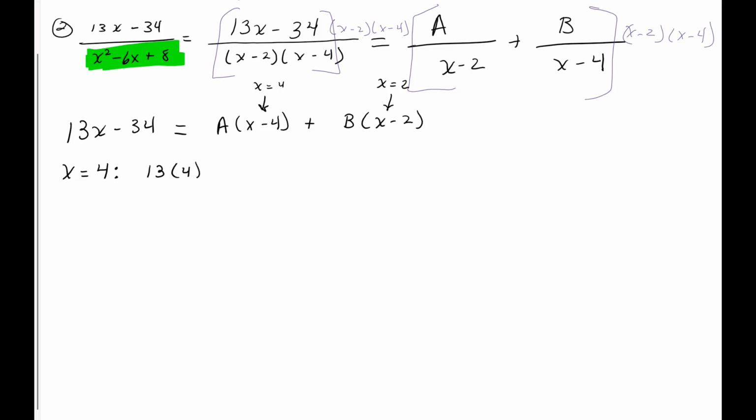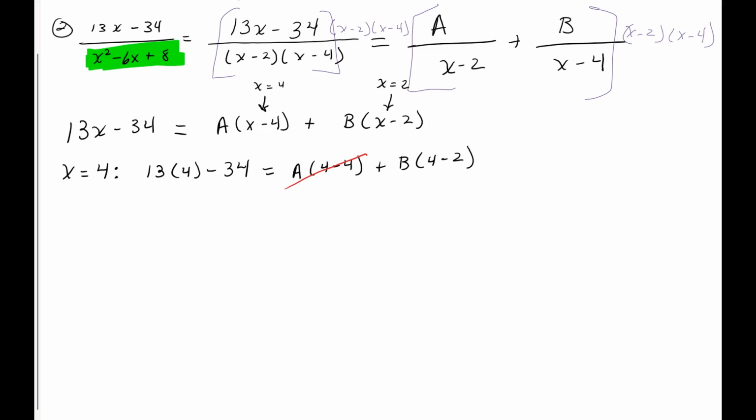13 times 4. So wherever you have an x, you're going to plug in 4. All right, so we get rid of the x factor. All right, and we're going to have a times 4 minus 4 plus b times 4 minus 2. Now you should have already noticed that the 4 minus 4 there is going to cancel itself out, and we're going to be set up right now really quickly to solve for b.